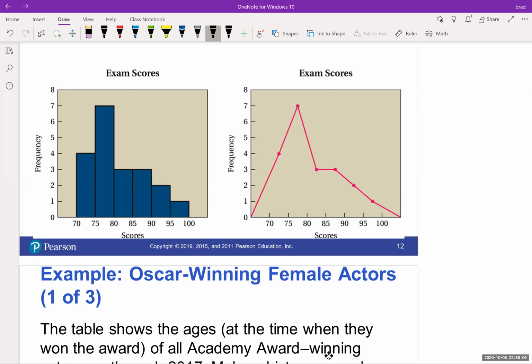So they use the categories to separate, okay? And then we want to know, well, how many 70 to 74s? Well, they said 4. How many 75s to 79s? They said 7, right? So I have a 7, I have 4, I have 3 here, 3 here, 2 here, and 1. So I have 4, 7, 3, 3, 2, 1.